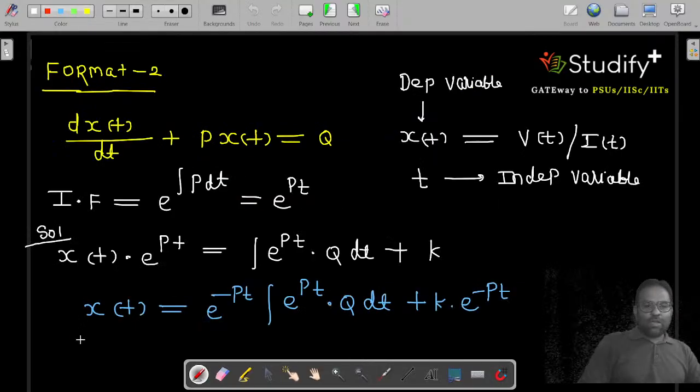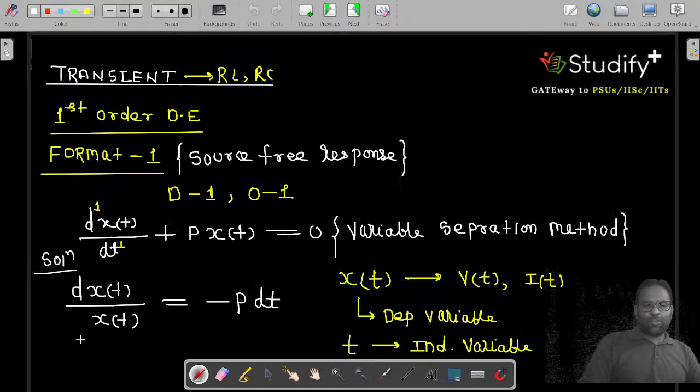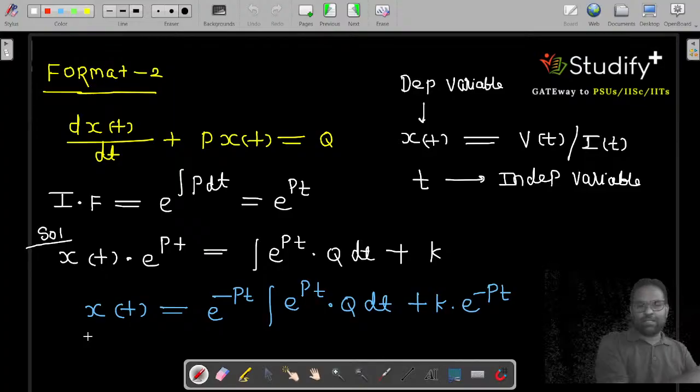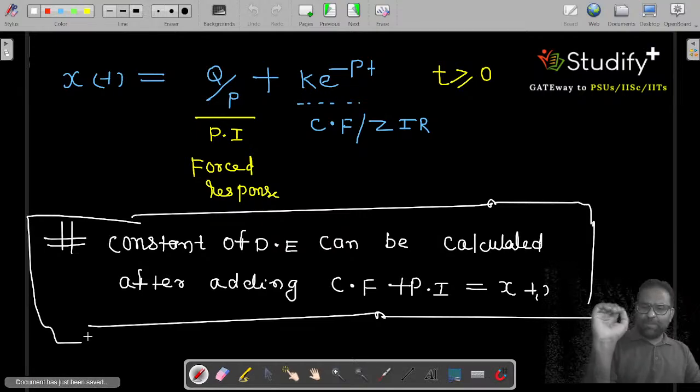So in the first order circuit, we have only two types of differential equation, and both formats are available to us. First is homogeneous, which I can solve by the variable separation method, and second is the linear differential equation with constant coefficient. This is also a very simple analysis.